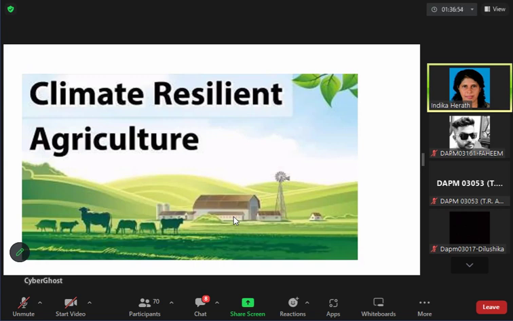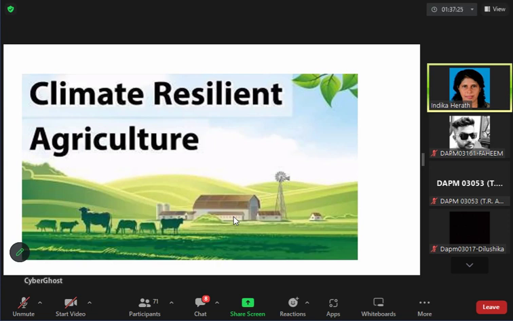So climate resilient agriculture means we develop or change our cultivation pattern to resist the climate change. We try to reduce or minimize the effect of climate change on our crops.